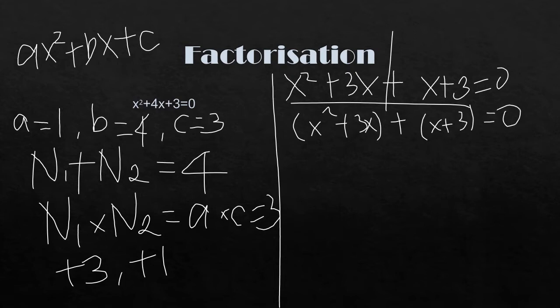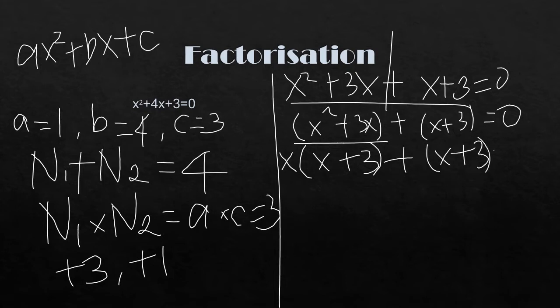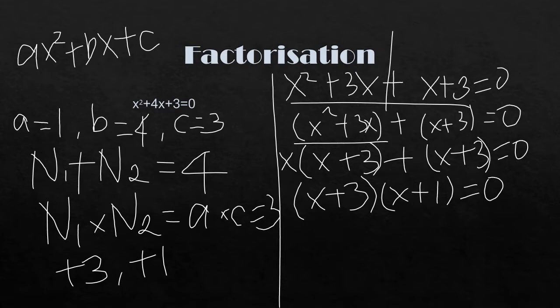In the first group here, we can simplify this by taking out the x and becoming this line. Lastly, we just need to factorize this into x plus 3 multiplied by x plus 1 equals 0.